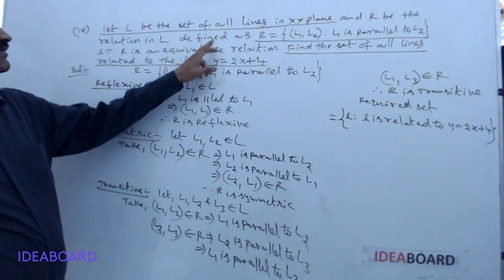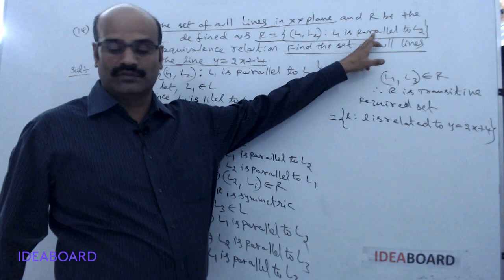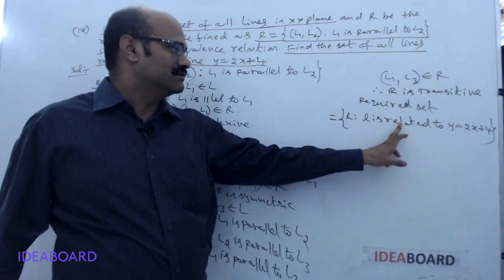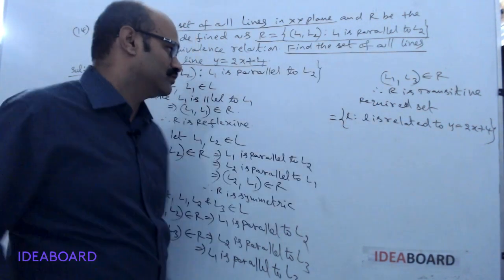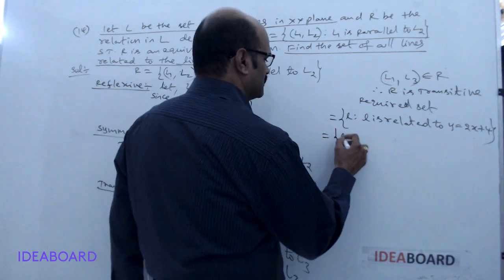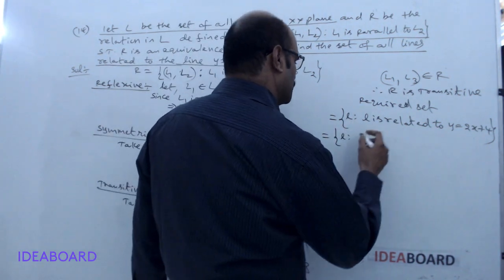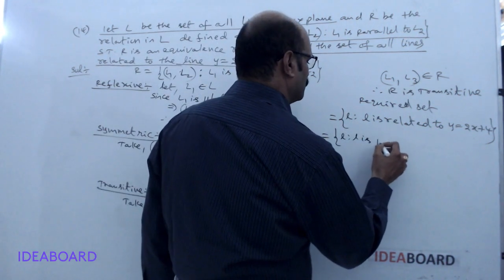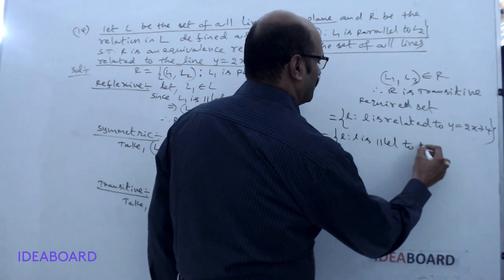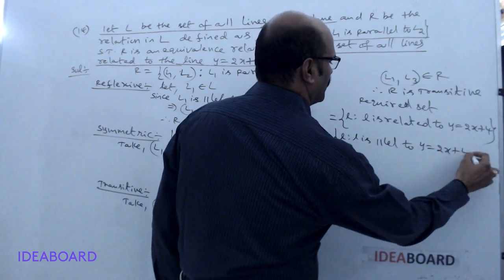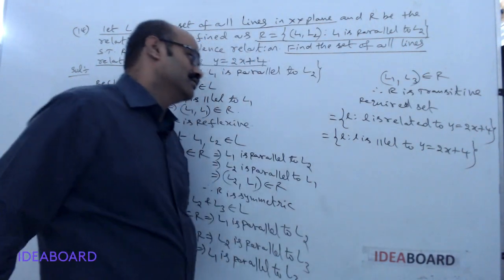But here the relation is given by parallel to. So we have to take L such that L is parallel to y equal to 2x plus 4.